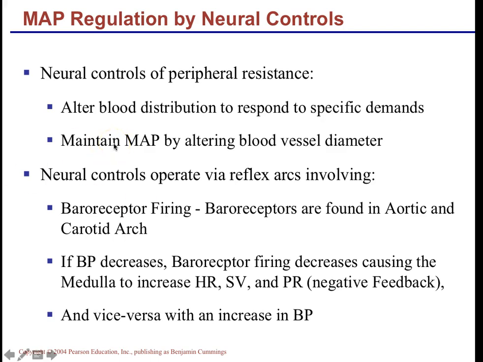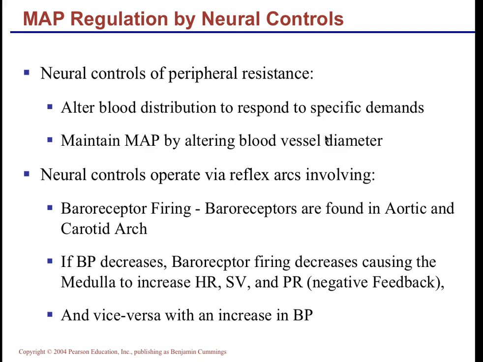So the type of feedback mechanism the medulla uses to regulate this is something called negative feedback. For example, if your heart rate goes up, you want to have feedback via the baroreceptors to the medulla, so the medulla will respond by lowering the heart rate back to homeostatic normal. Because the response to a high heart rate is to decrease the heart rate, that's what they mean by negative.